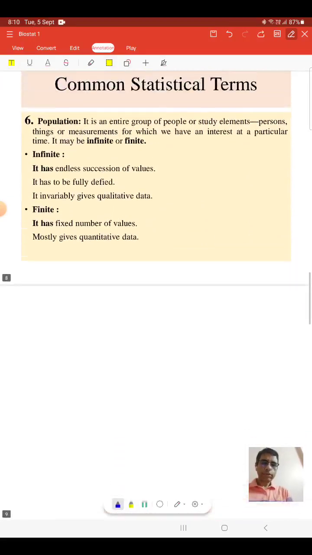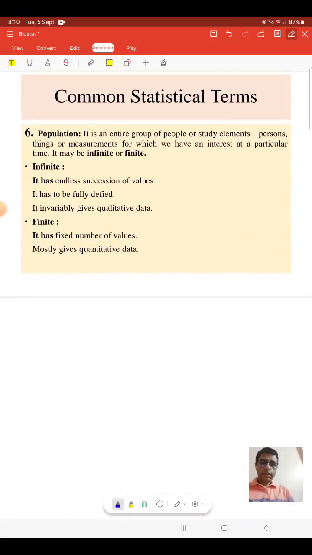Moving on, the next terminology is population. It is the entire group of people of study. This terminology is basic to biostatistics and epidemiological study.